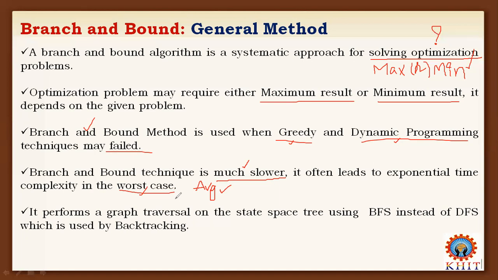And one more important comparison topic: the branch and bound technique works on the principle of BFS, breadth first search, whereas backtracking works on depth first search. So this is the main difference between backtracking and branch and bound.